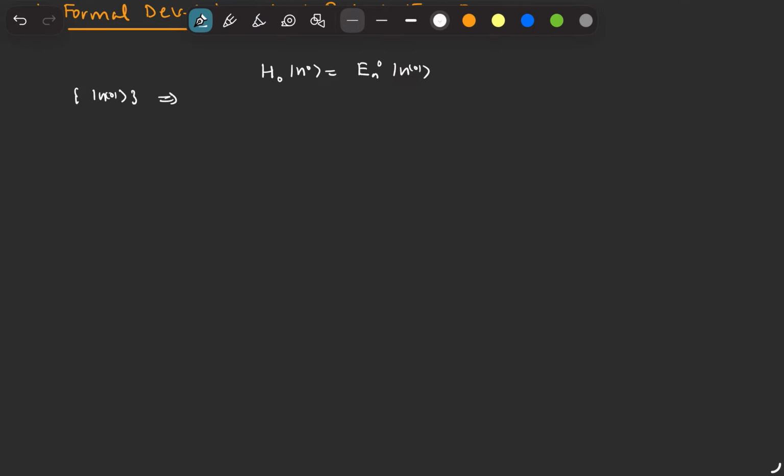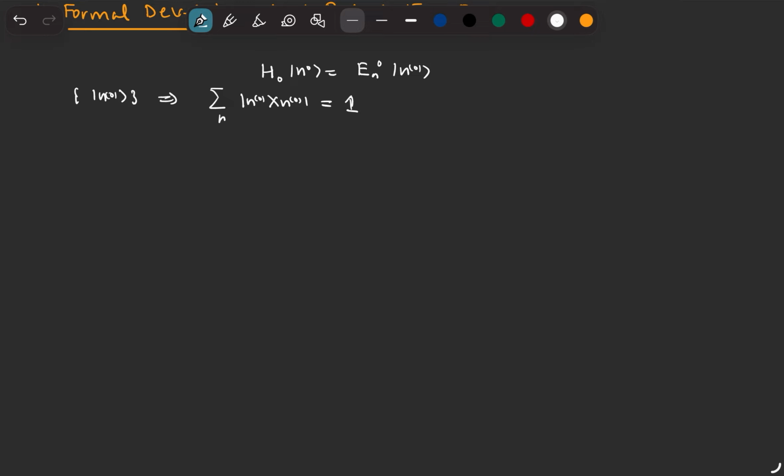So this implies that if you take a sum over all n, then this actually goes to identity, right?